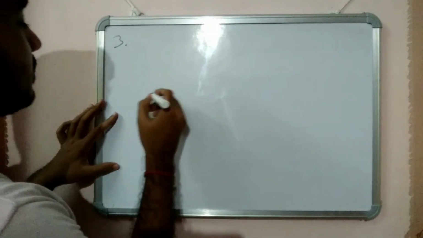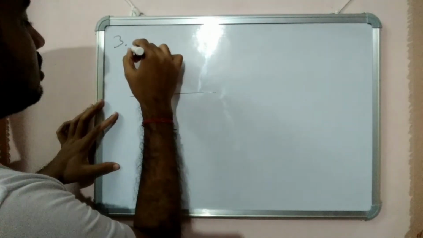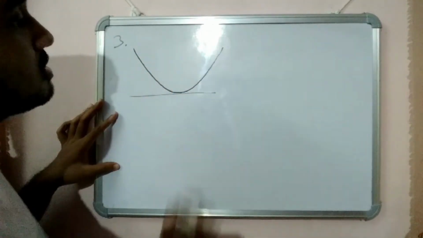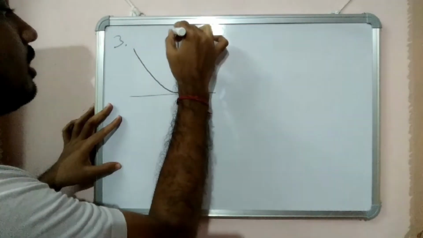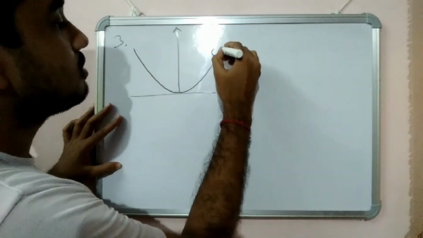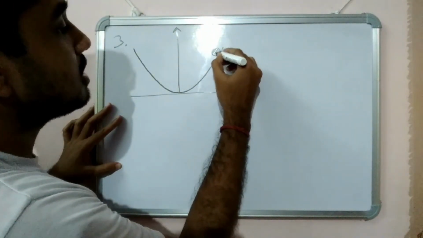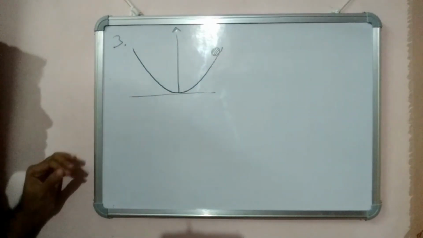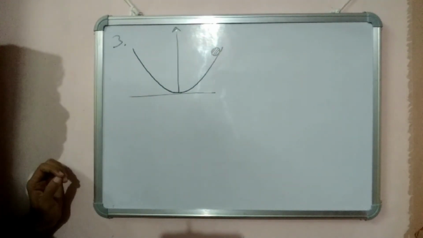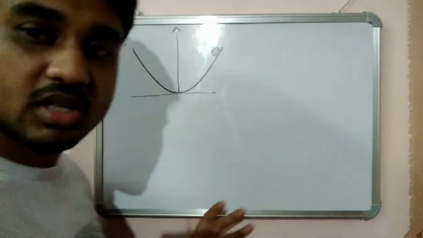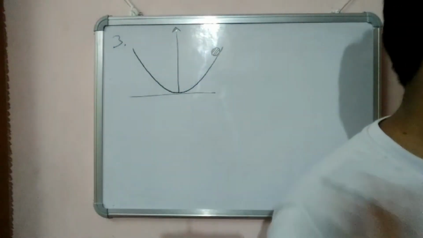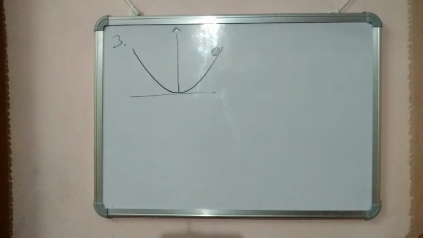Number 3. Here there is a simple picture. This is a container like thing, and a material or a ball is placed here or released from here. Then what will be the resultant graphical representation of our answer of the simple harmonic motion?